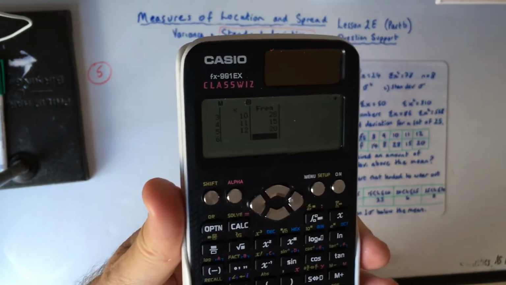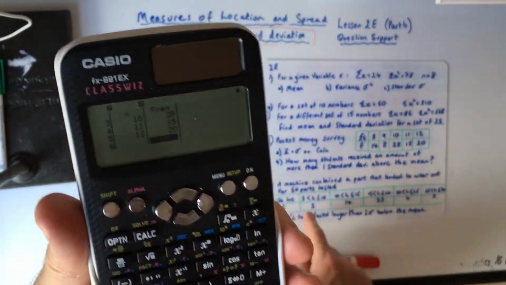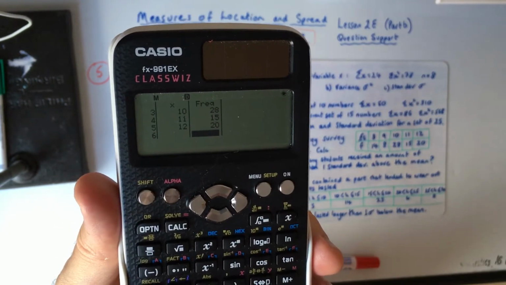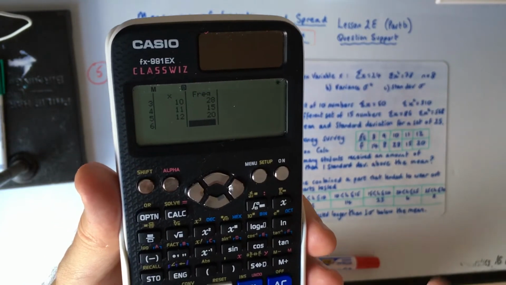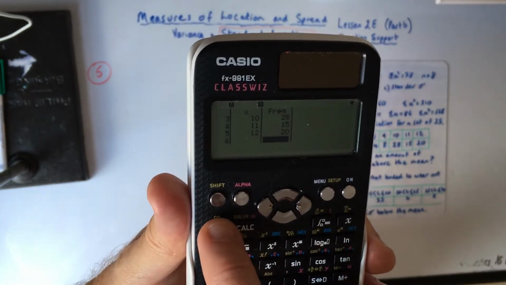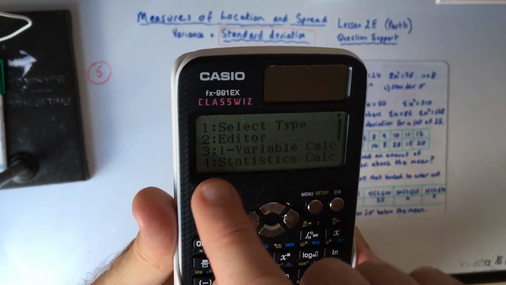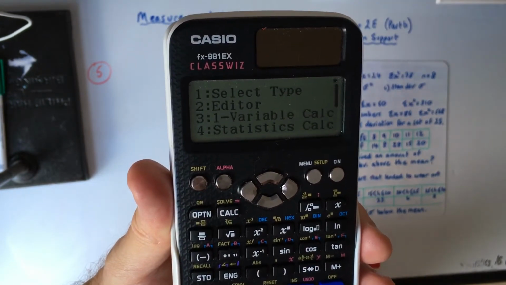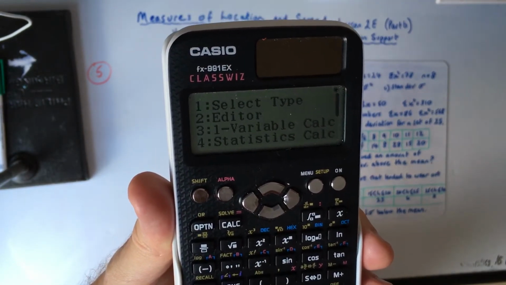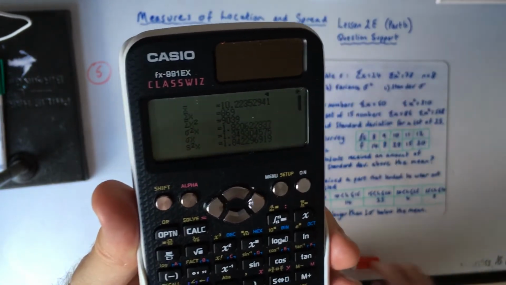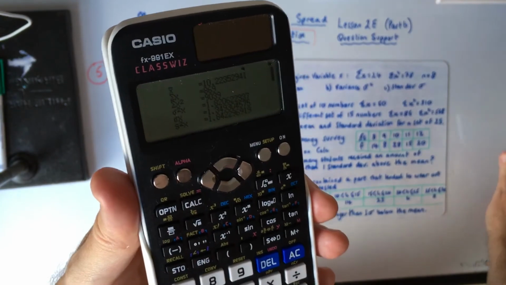It is actually continuous data, so if there's a group, all we're going to do with this next one is just put the midpoint of the group in. That's all you do. Okay, so there we go. So once you've done that, it took me about half an hour to work this out. You then go to option, okay, and you want line number 3 that says one variable calculations. So you press 3 and it gives you all that data there, and that's it. That's how you do it on your calculator.